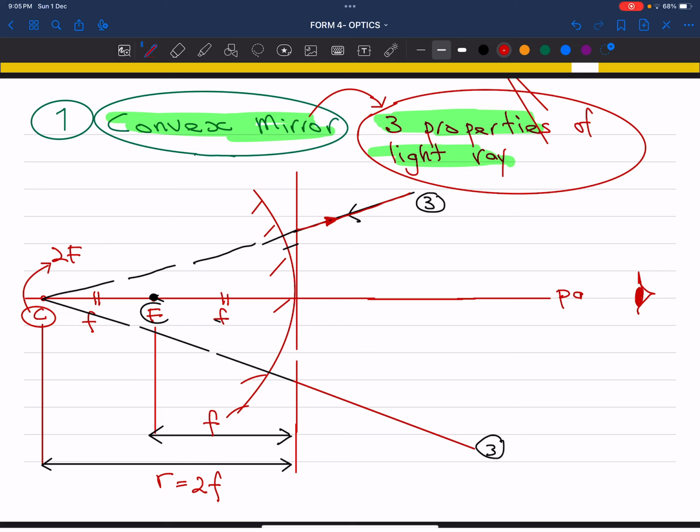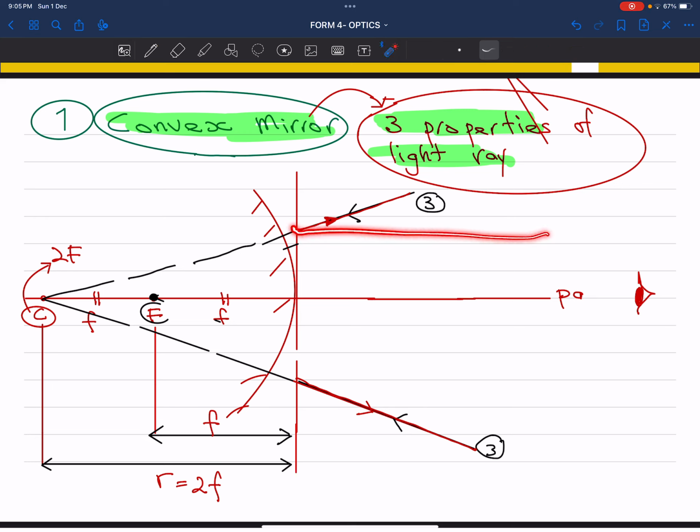So in the original one, any light ray, I put an arrow, as though approaching the center of curvature C, it will come back on the same path. That's it.